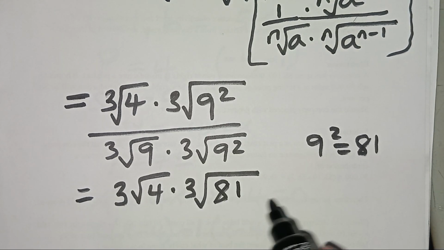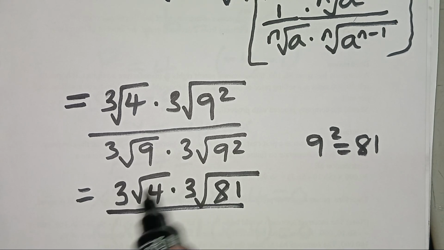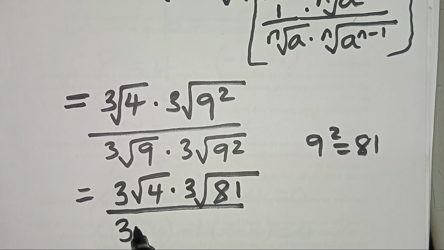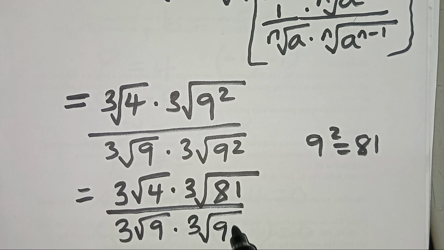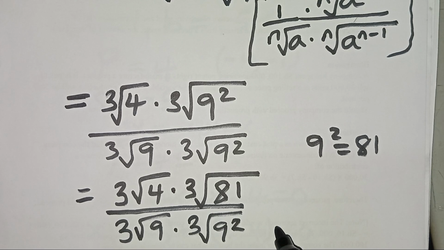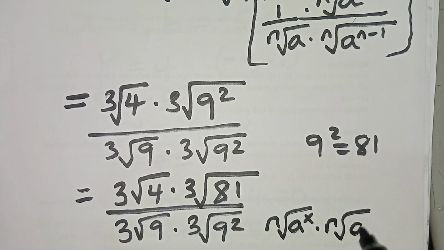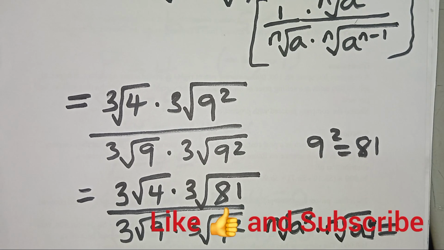In the denominator, we have the cube root of 9 times the cube root of 9 squared, which is in the form of the nth root of a to power x multiplied by the nth root of a to power y, which we can express as the nth root of a to power x plus y.